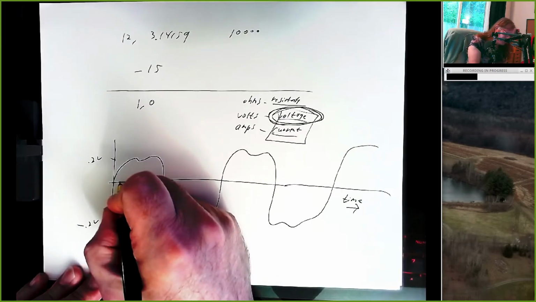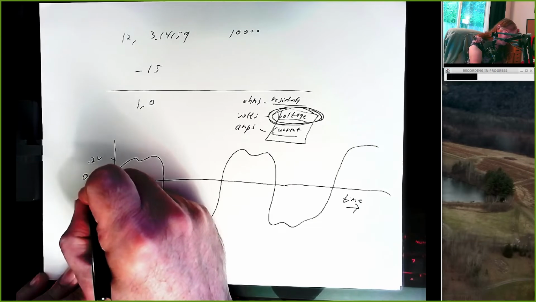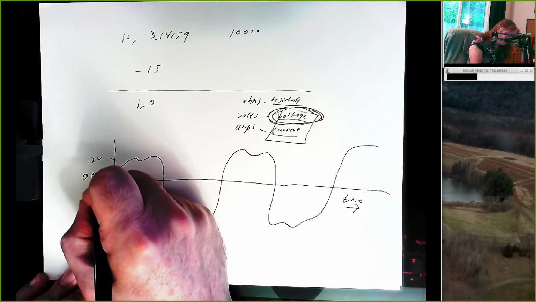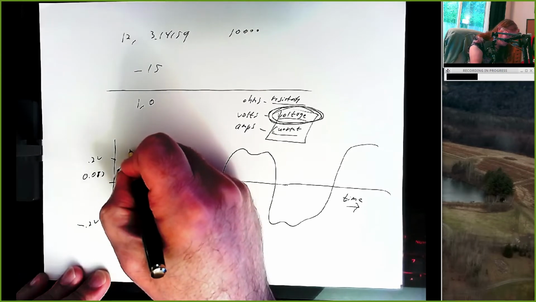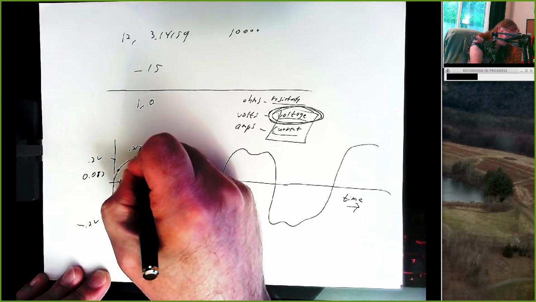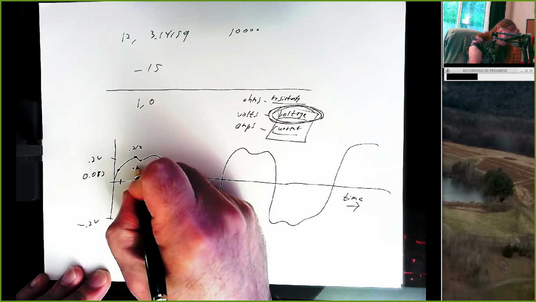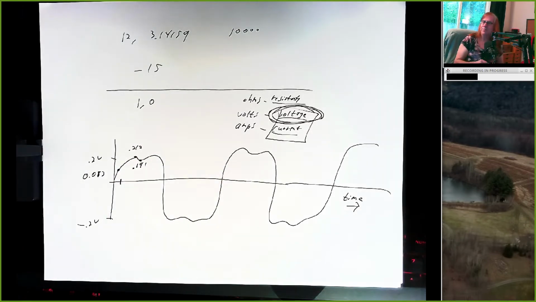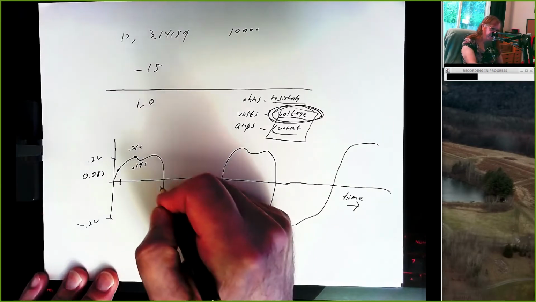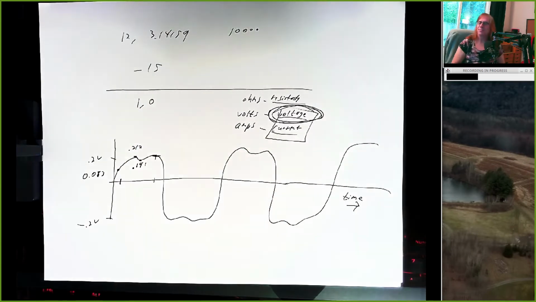I could say, right here at this time, my voltage was 0.083 volts. And at this point right here, my voltage was 0.212 volts. And at this point right here, it was 0.191 volts, or 191 millivolts. And at each point in time, we can identify what the voltage was.